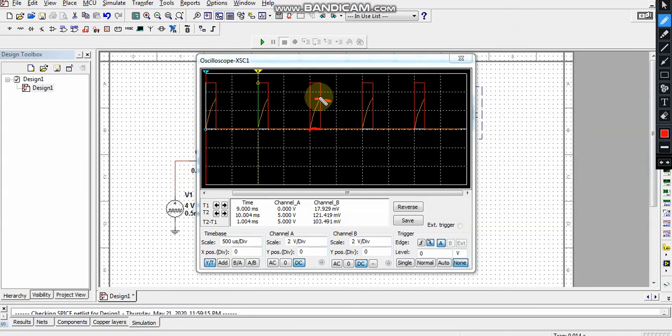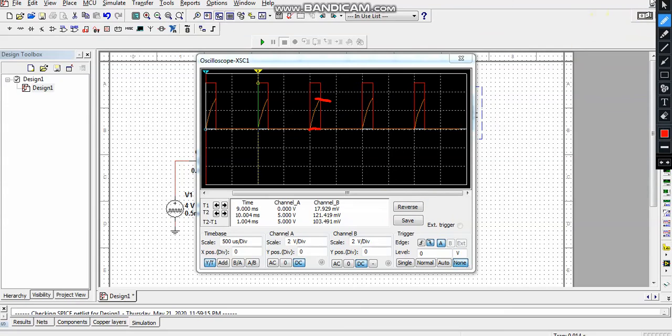You can measure that. Next, the pulses that have been given were 5 volts. This is 2 volts, 4 volts, and this is half of the box, that is 5 volts. So you have 0 to VCC, and the capacitor voltage is 0 to 2 by 3 VCC.